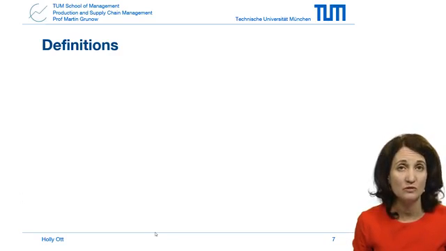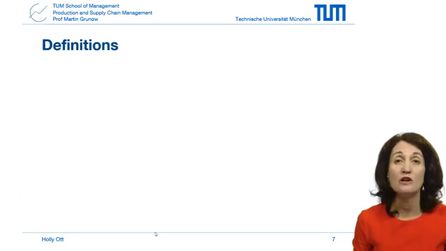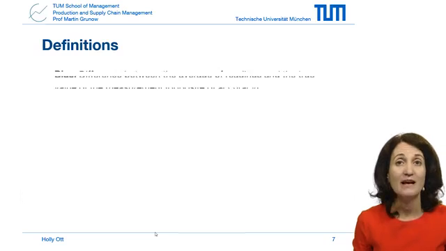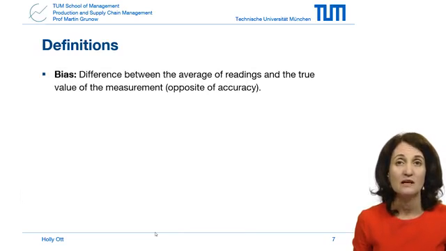But due to this variability of the instrument, the results from all the trials will not be exactly the same. This variability in the readings can be described by a distribution, normally the normal distribution. And the average of the distribution can then be used as the measurement provided by the measuring scheme. The difference between this average and the true value of the measurement is called a bias.